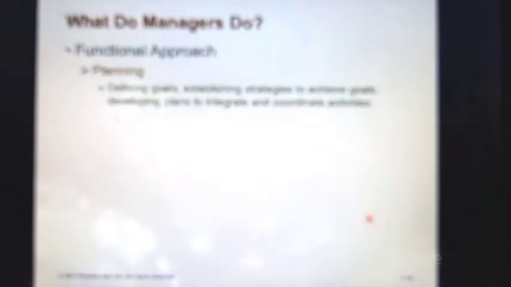So what do managers do? The functional approach is, first, they plan. Planning is defining goals, establishing strategies to achieve goals, developing plans to integrate and coordinate activities.